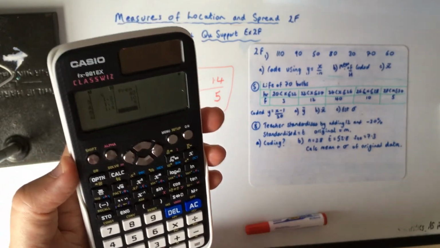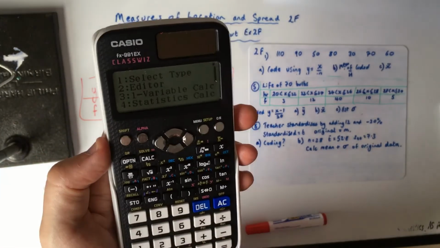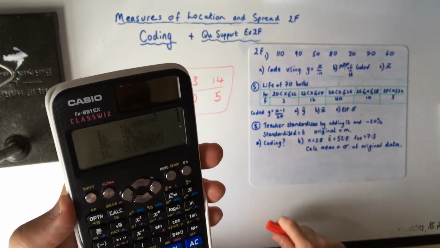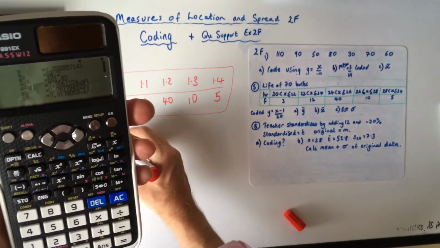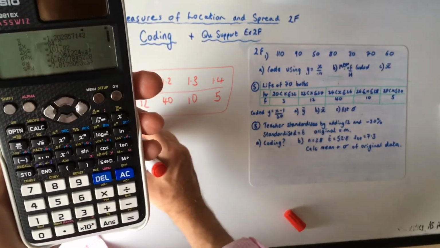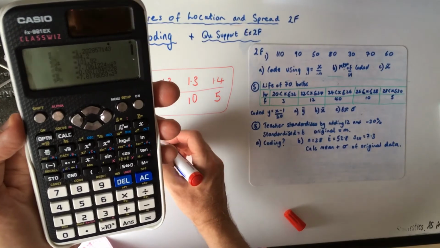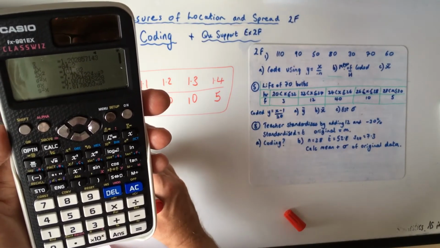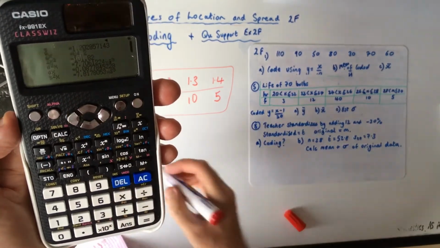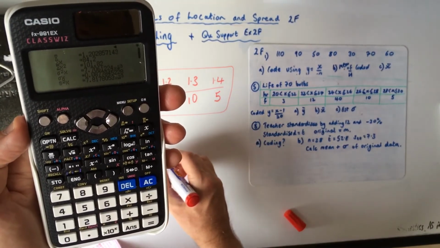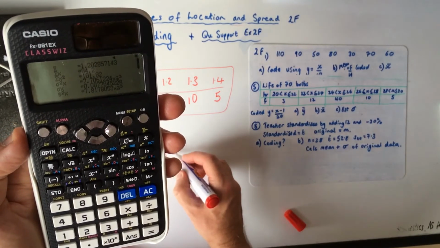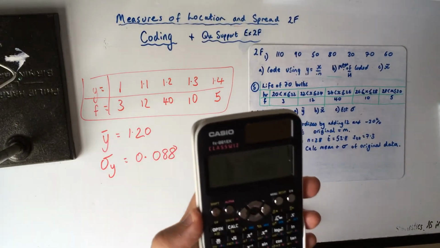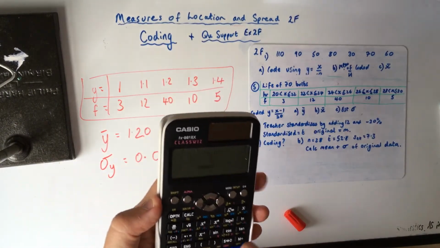So we'll put those in, press our options, 3, and it gives us the mean. So it says x bar, but actually we've just calculated y bar, which is 1.20, and the standard deviation of x, so really the standard deviation of y, I'll go to 3 decimal places to make it a bit more accurate, it's 0.088.